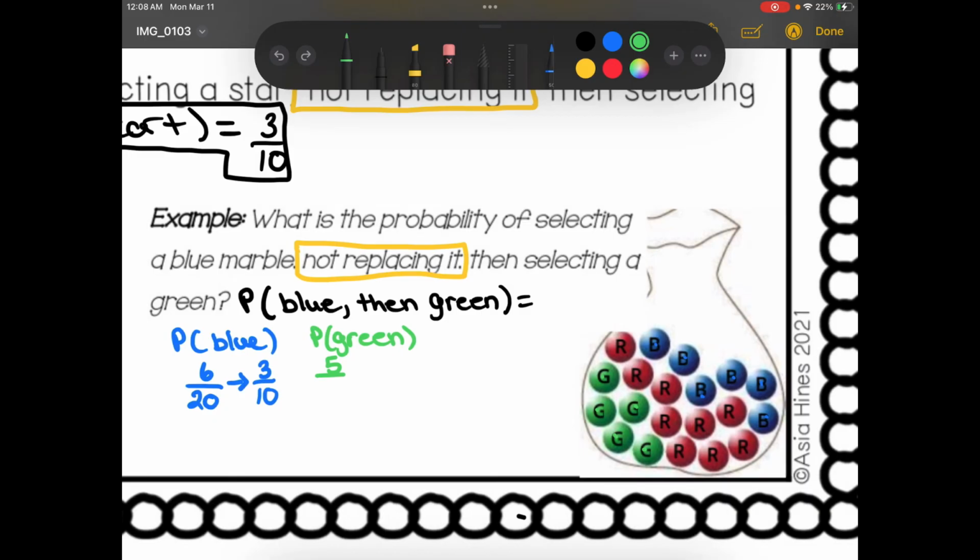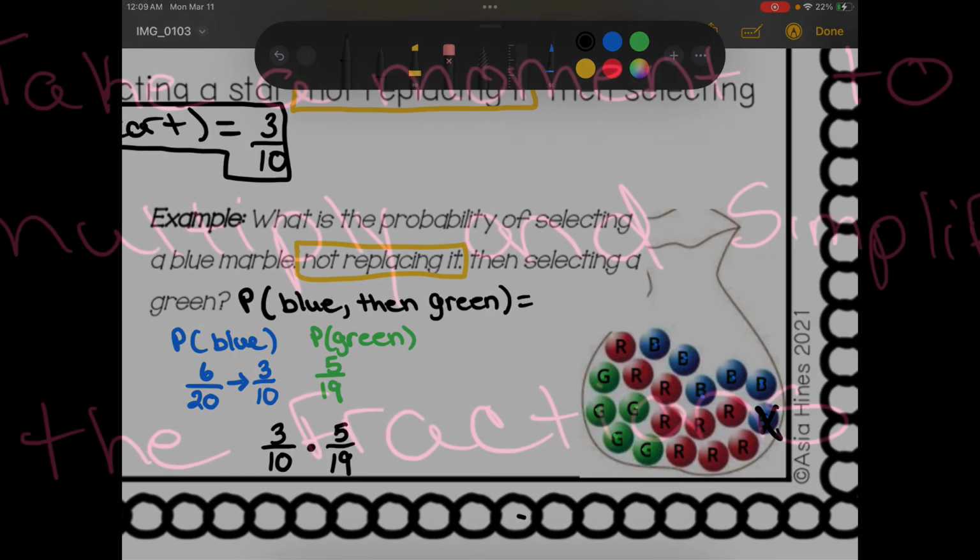No, it was not. Since it was not replaced, there are no longer 20 marbles in the bag. There are 19 marbles in the bag. So there are 5 out of 19 marbles in the bag. Now we are going to take our two fractions, 3/10 times 5/19.